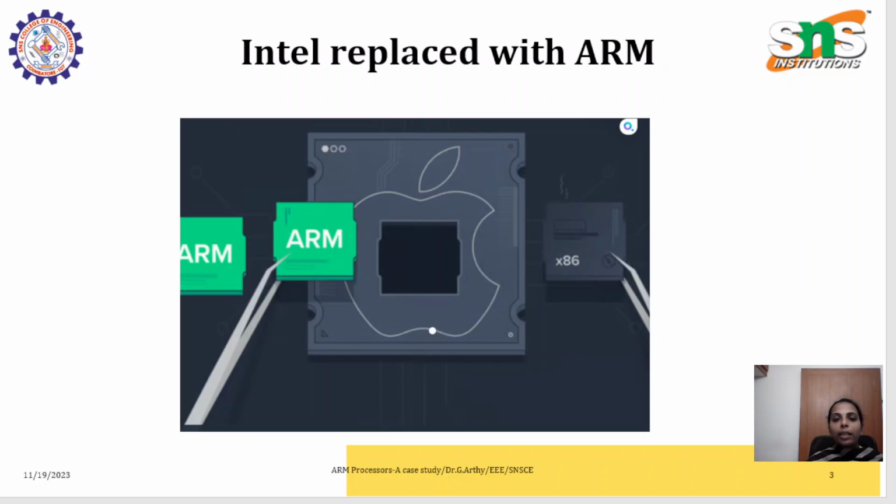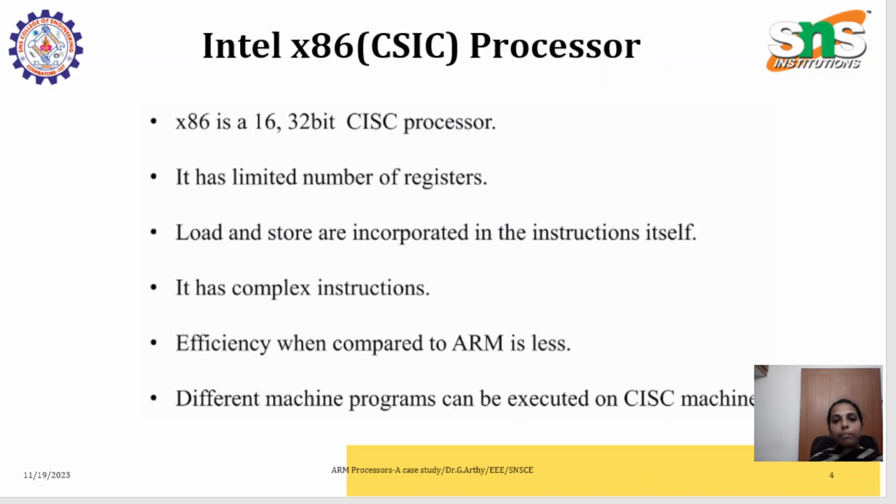So let us see how Apple is currently using ARM. Now we are going to compare how ARM entered into the market and what the difference is between ARM and Intel, which was being used by Apple previously. These are the features of Intel x86 processors.